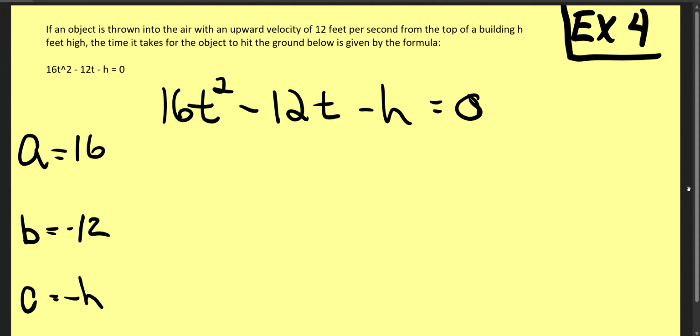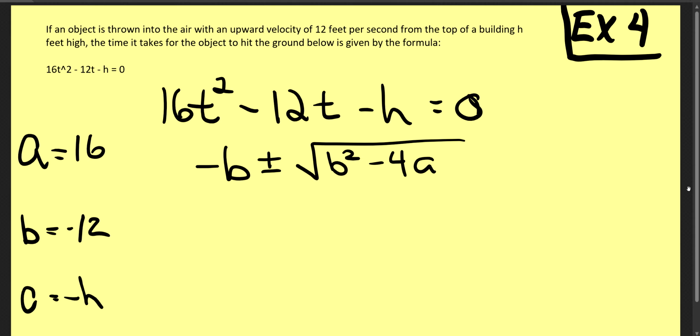The formula is negative b plus or minus the square root of b squared minus 4ac, all divided by 2a. As a reminder. Then we'll fill this in with our values.